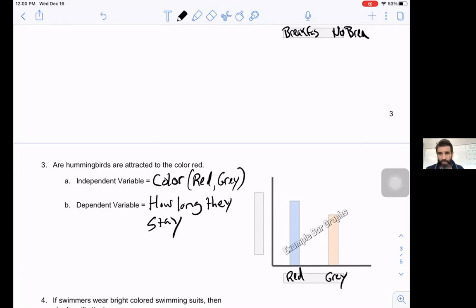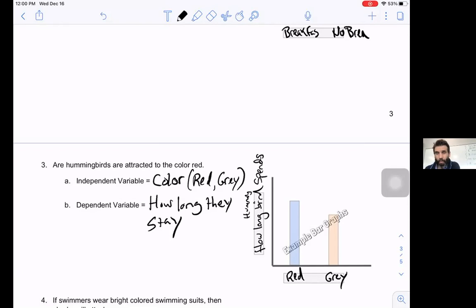So that's the thing that you can change, right? And then what you measure is time spent. How long? So it might be how long the bird, and this is really a hummingbird, spends.